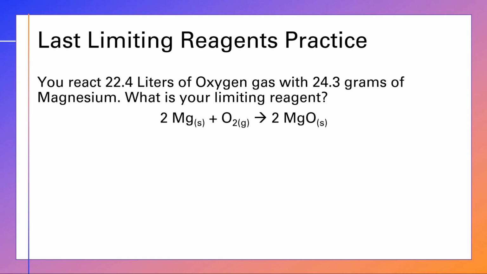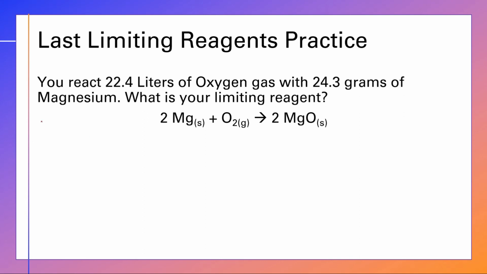For our last practice problem, we're reacting 22.4 liters of oxygen gas with 24.3 grams of magnesium. We're asked, what is our limiting reagent? Now, if this question was written by somebody who was paying attention, it would have said that this 22.4 liters of oxygen gas is at standard temperature and pressure. We're going to go ahead and assume that anyway.